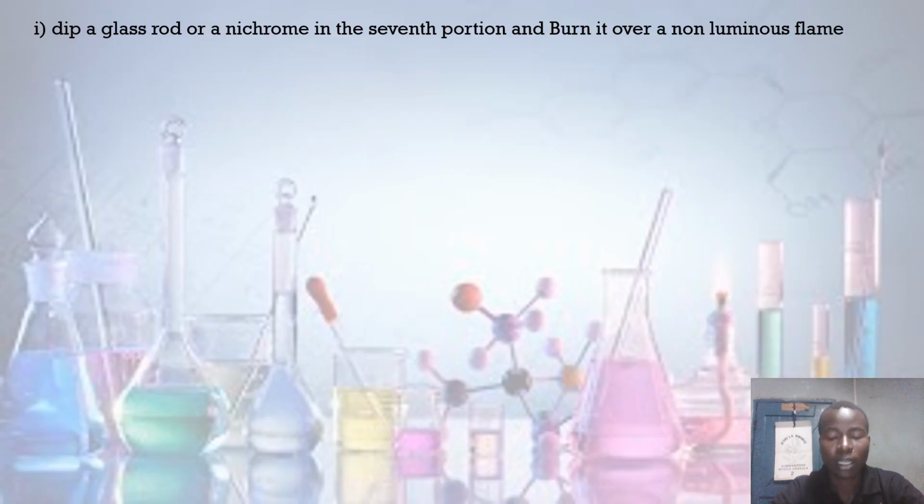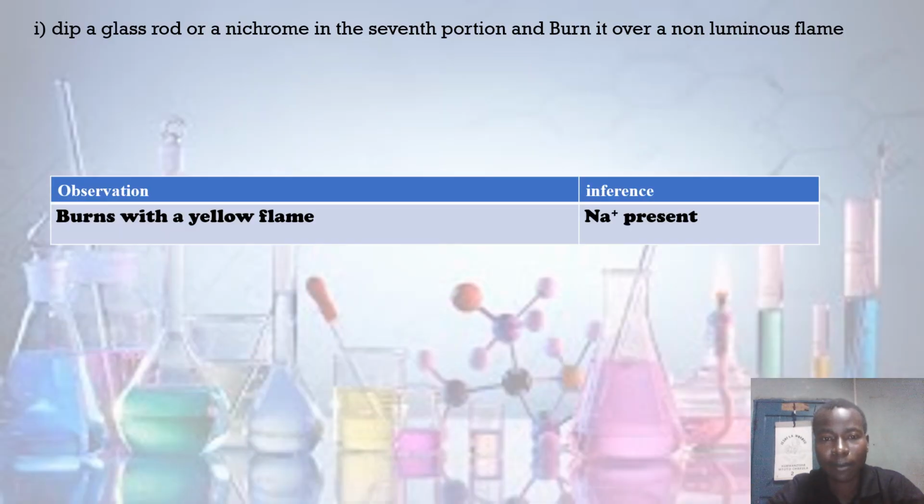Now, the next test is the flame test, and with the flame test, you need to understand that the color of the flame that a given solution gives is because of the cation that is there.